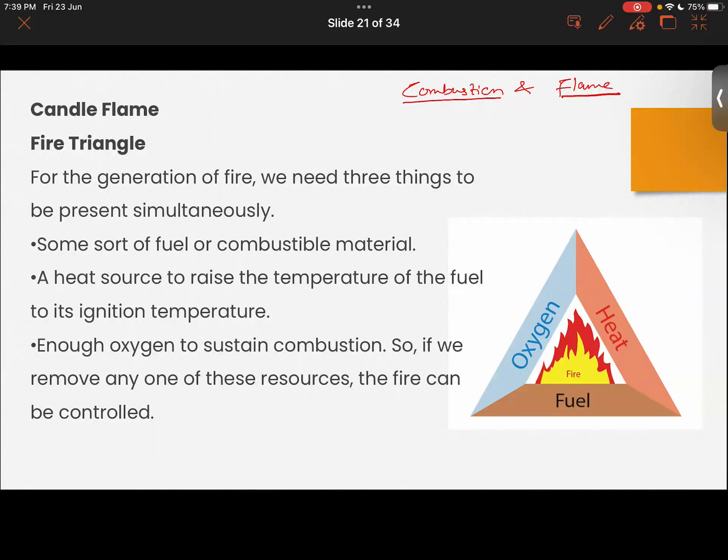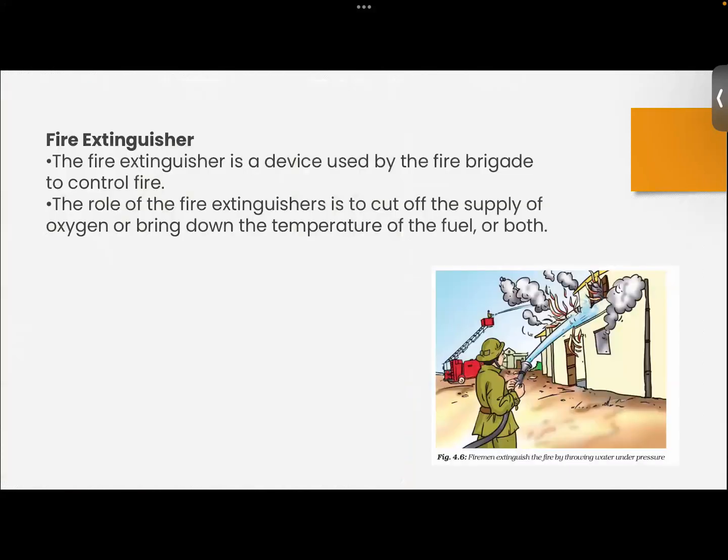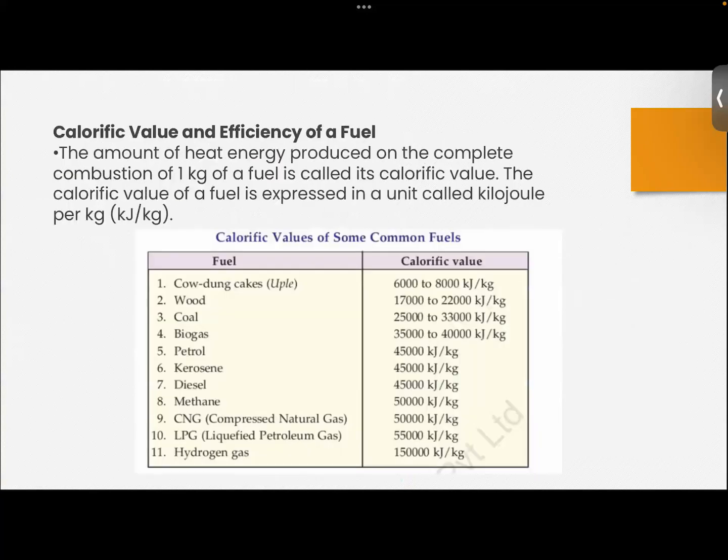Before we discuss that, I have a few questions for you. Have a look at this chart where the calorific values of different fuels are given. The fuel having the least calorific value is a cow dung cake, which is used as fuel in villages in India.